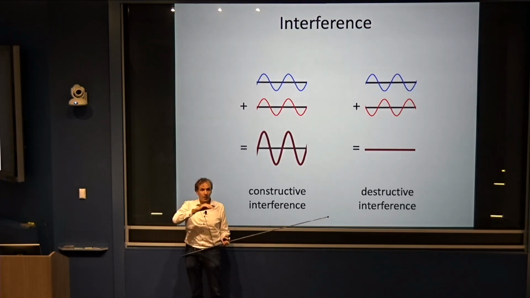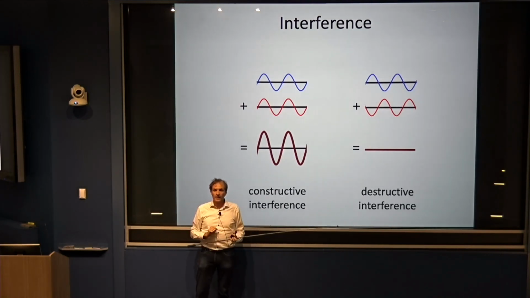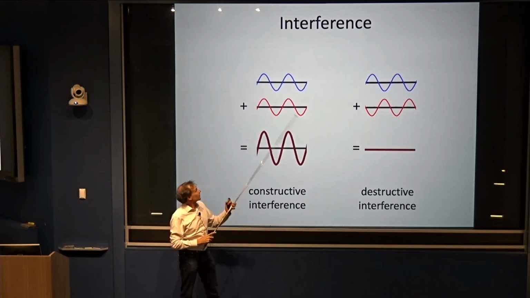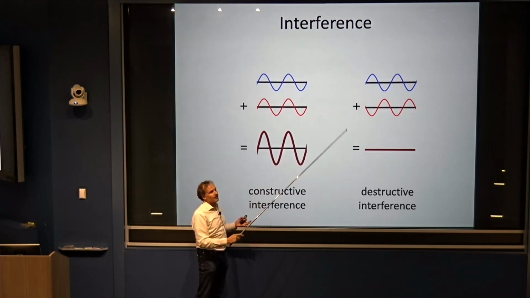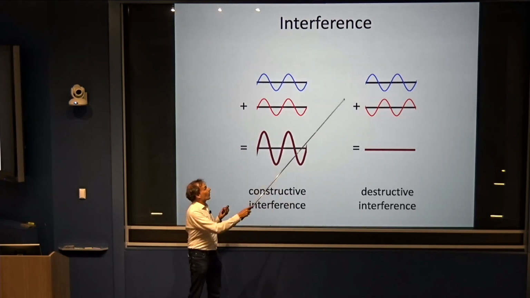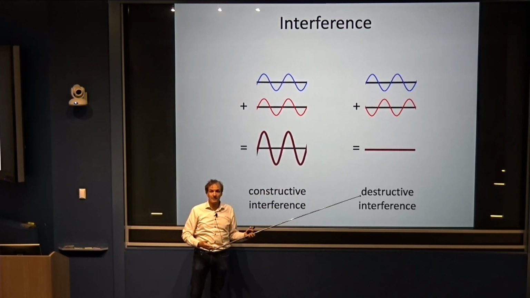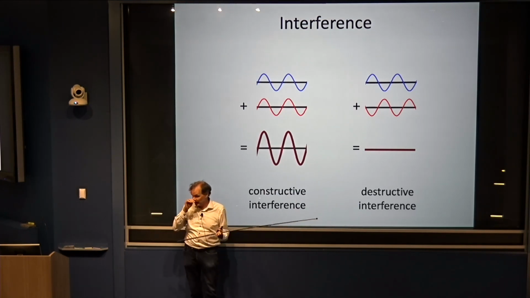So two waves, if they're opposite and you put them together, they cancel. And this means one matter wave plus another matter wave can be less matter. So this interference is really what makes the wave nature of atoms in quantum mechanics so special.